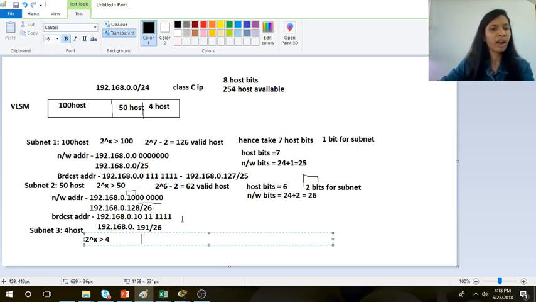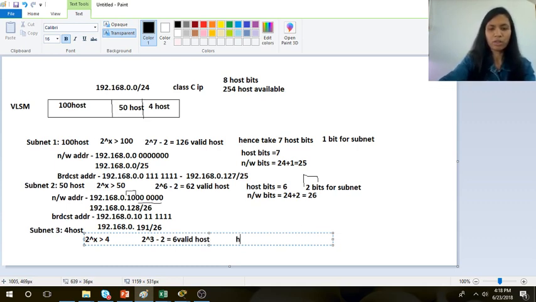So these 2 addresses would be reserved, so you cannot have this equal. You need to have greater than. 2 raised to x should be greater than or equal to 6 in this case. So for that your x value can be 3. So 2 raised to 3 will give you 8, minus 2 will give you 6 valid hosts.